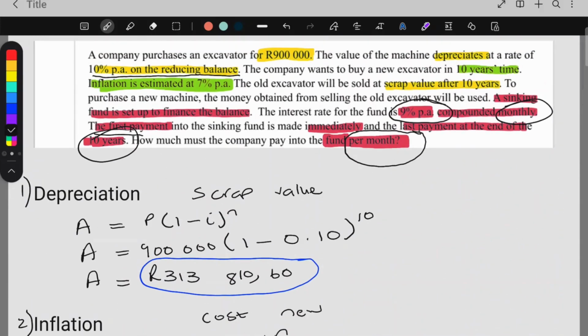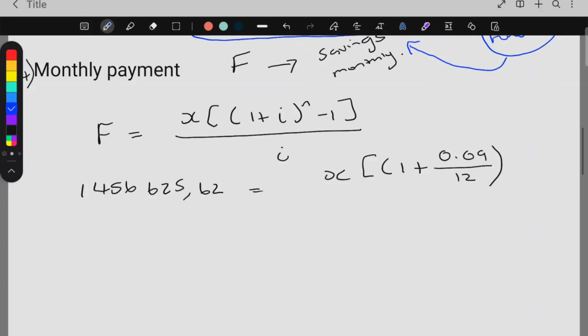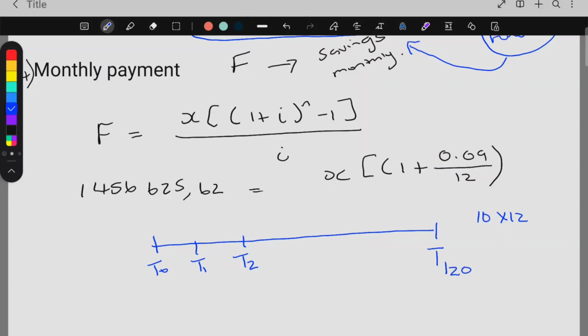So the first payment is made immediately, and the last payment is at the end. Okay, so there is a payment at the end. So that's nice. So this is not a special case. So T0, T1, T2, and then this last T, I work out by saying 10 years times monthly payments is 120.